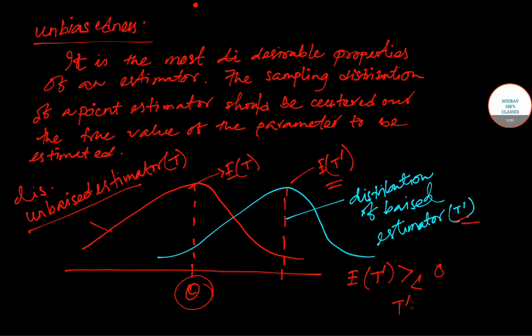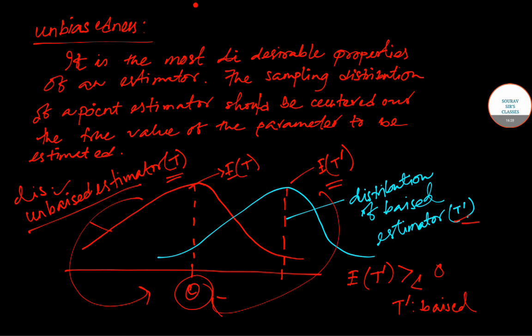So T prime is a biased estimator, whereas T is an unbiased estimator. For an unbiased estimator, the expected mean of the distribution for the estimator T will be closely equal to the value of theta, whereas for a biased estimator such as T prime, the mean value will be either above or below the true value of theta.